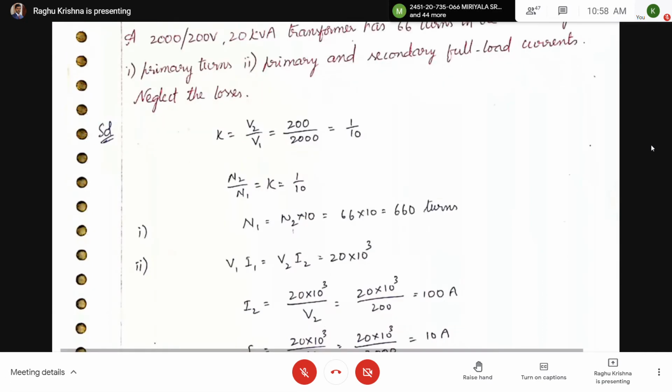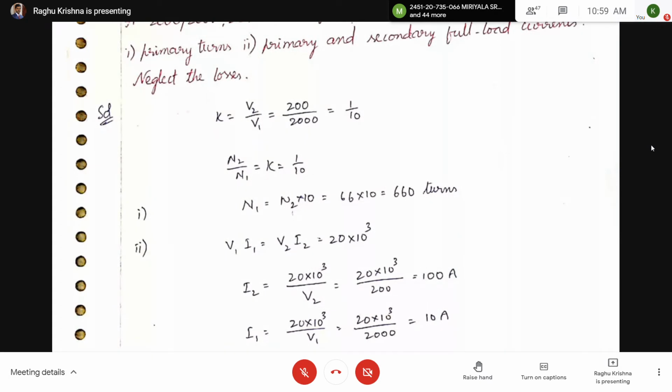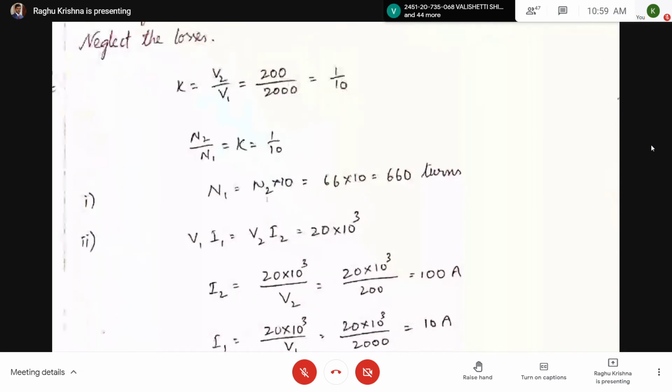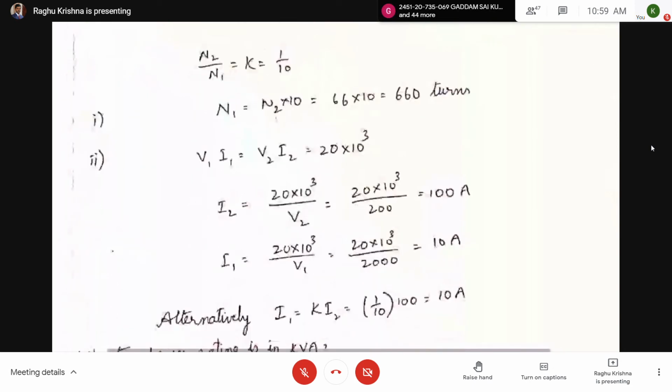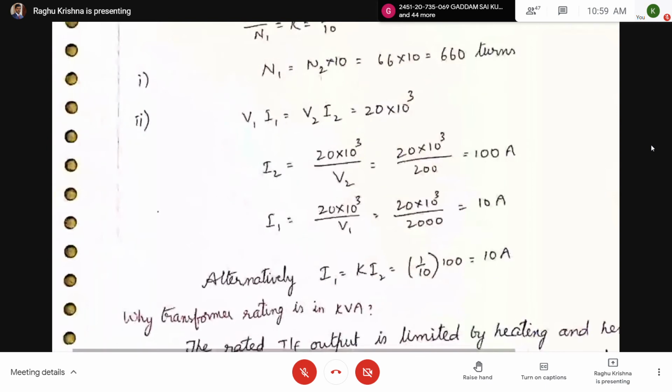From that you get the value of I2. I2 is equal to power by V2. Next, calculate I1. You can also calculate I1 if you have the value of I2. I1 is equal to K into I2. In this way also you can calculate the current.